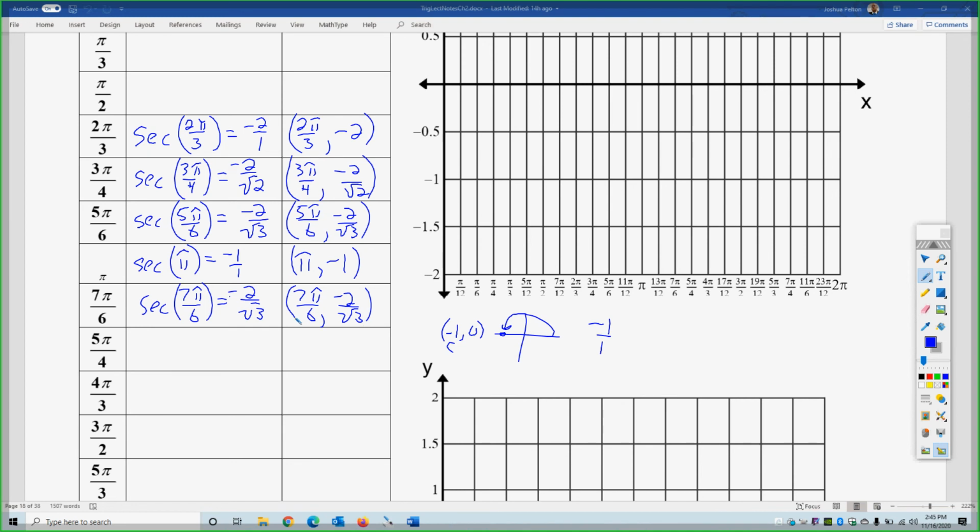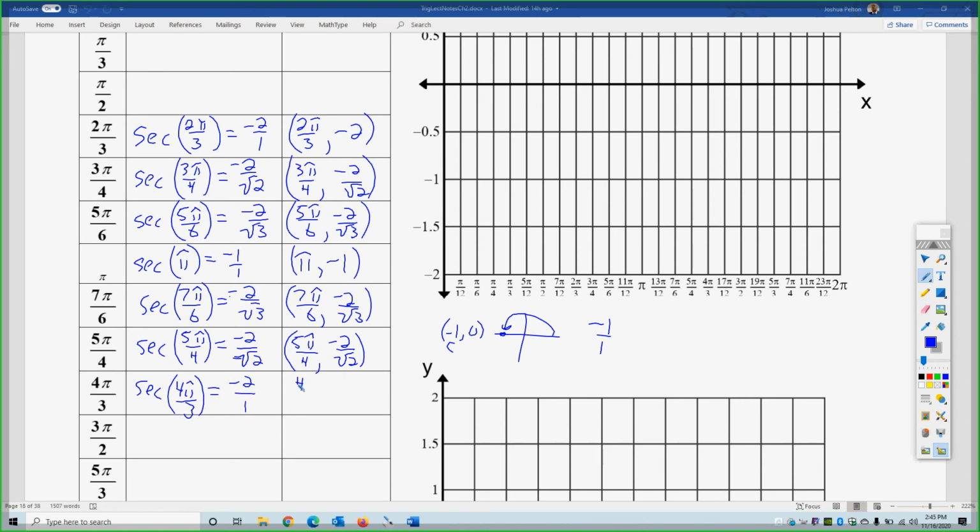5 pi over 4 is the 45-degree angle. So negative 2 over root 2. So 5 pi over 4 is negative 2 over root 2. And the secant of 4 pi over 3 is the 60-degree angle. So that gives me negative 2 over 1.